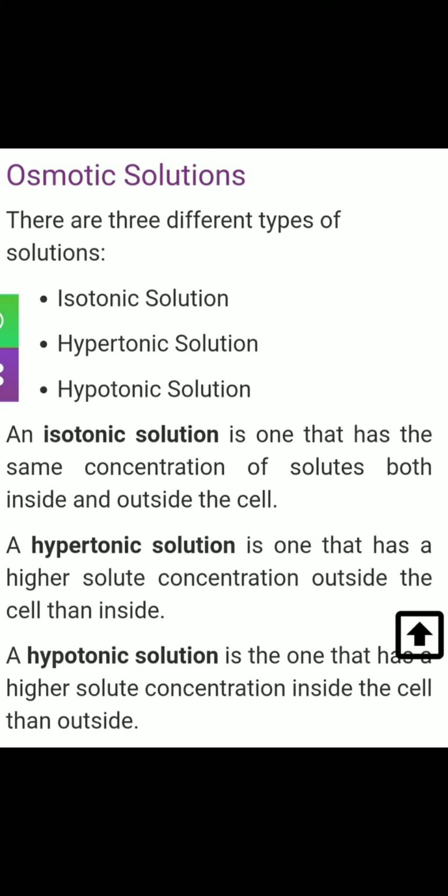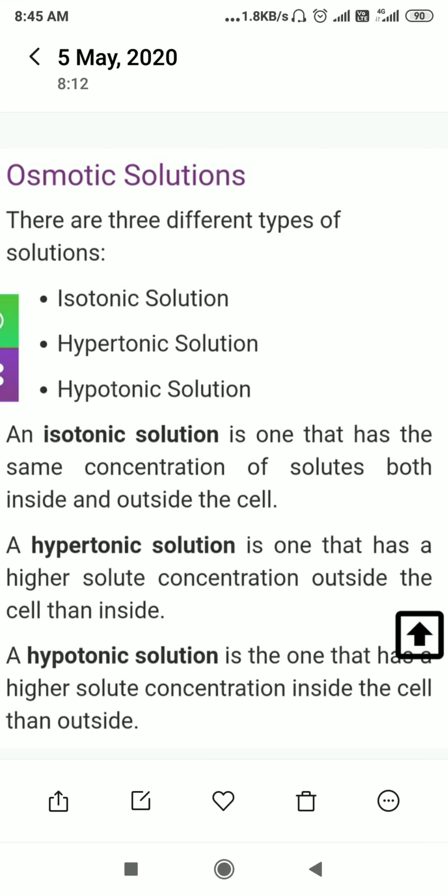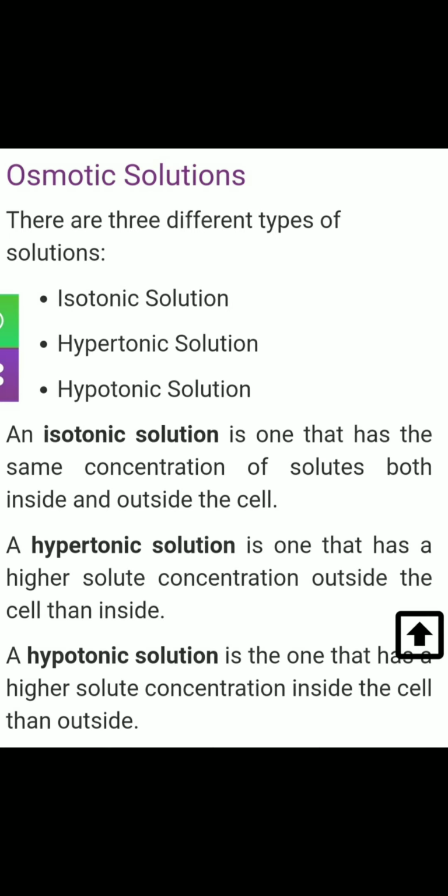Suppose we are taking a living cell, and we are putting the cell in a solution, any solution. Suppose we are putting the cell in a solution whose solute concentration is the same as the solute concentration inside the cell. Listen very carefully.